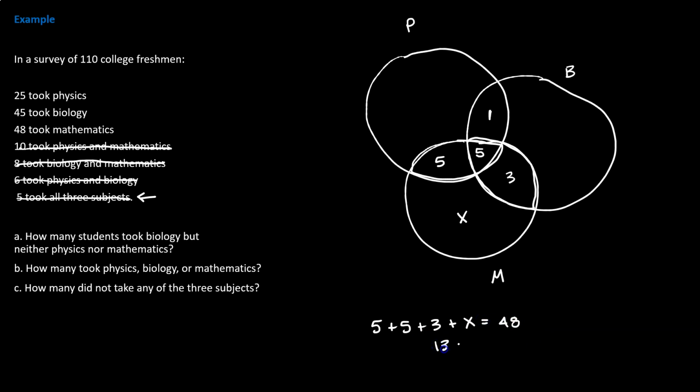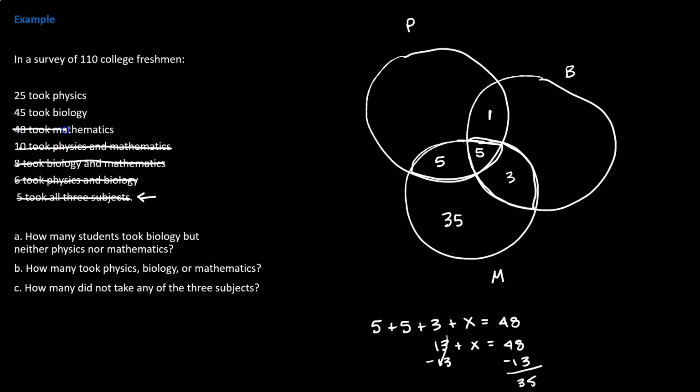So then we have 13 plus some unknown number X equals 48. And you can either do this by guess and check, or you could subtract 13 from both sides to find that there are 35 left that take mathematics but not physics and not biology.